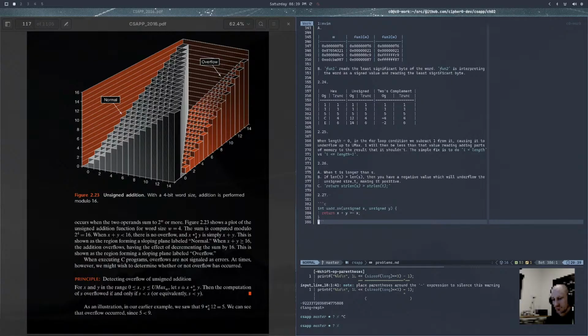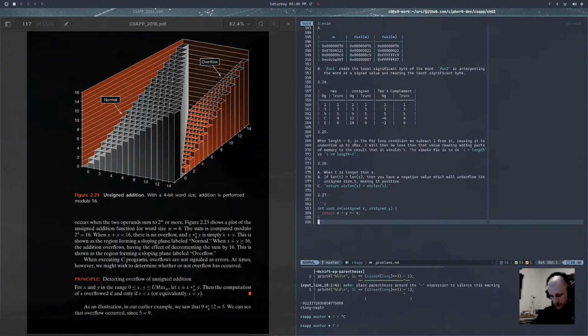Let us consider the set of w-bit unsigned numbers with addition operation plus uw. For every value x, there must be some value negative uw x such that negative x plus x is equal to 0. This additive inverse operation can be characterized as follows. Principle.